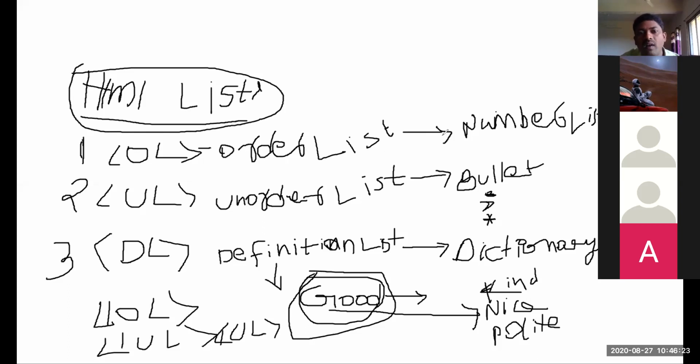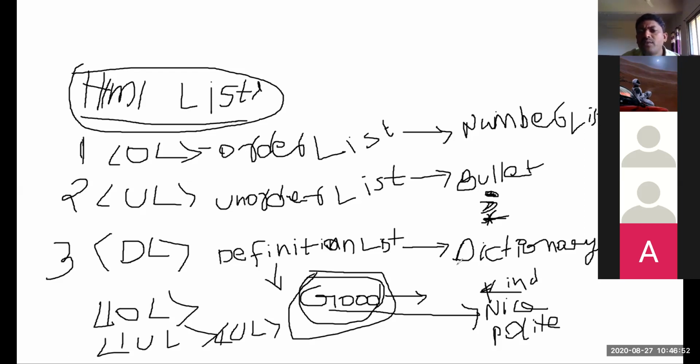It specifies all the information in numbers, 1, 2, 3, 4, 5, 6 like that. Unordered list, we can call it a bullet list. The information may be specified on each and every line like dots, arrow marks, star marks, or any other symbols.